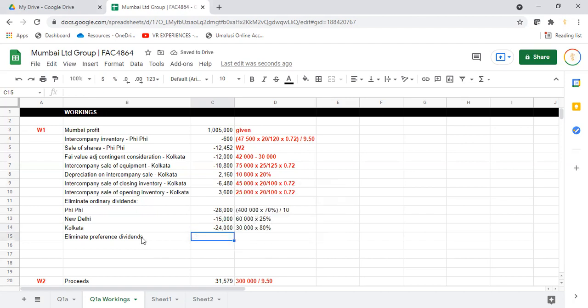Now there were preference shares at Kolkata distributed, so we need to also remove that as an intercompany transaction. Let me just see what percentage we bought.